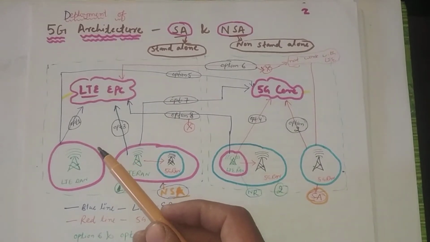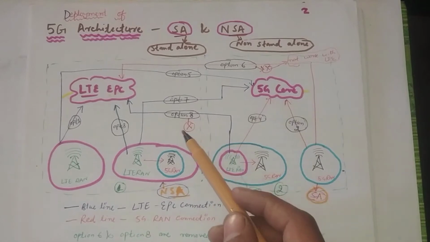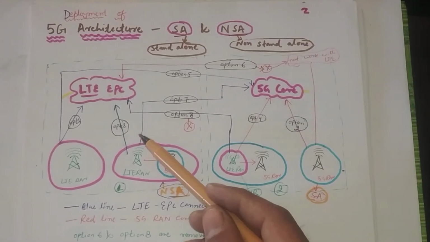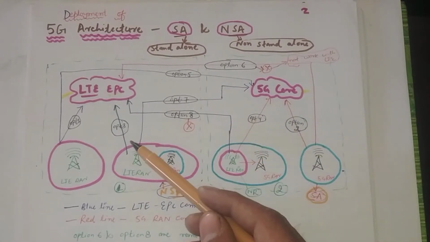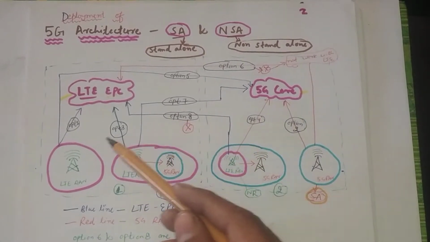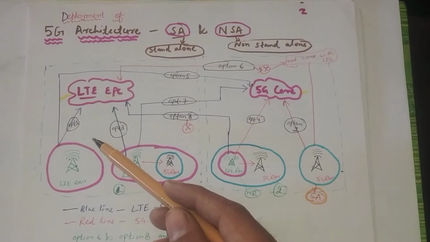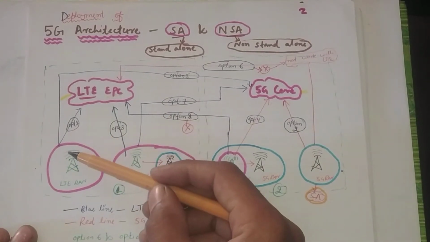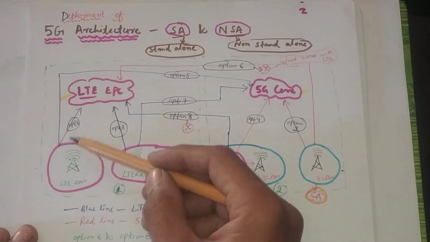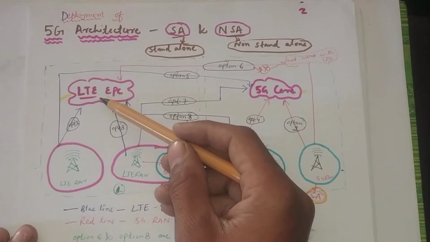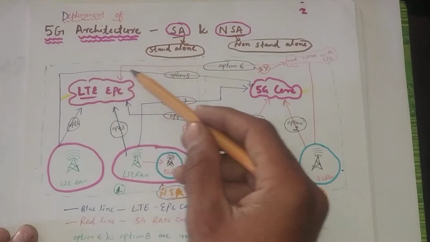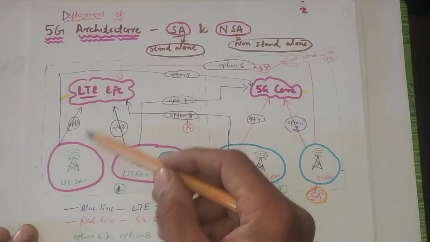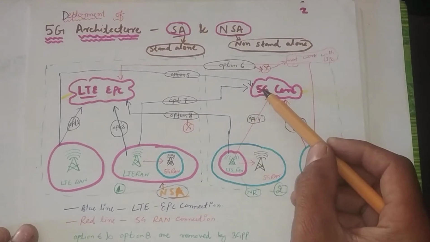And there are 8 options, a total of 8 interfaces that are used to determine the connections between the base station and the data network. So the first one is option 1, or interface 1, that is the 4G base station connected with the 4G data network, and option 5 is the interface where the 4G base station is connected with the 5G data network.